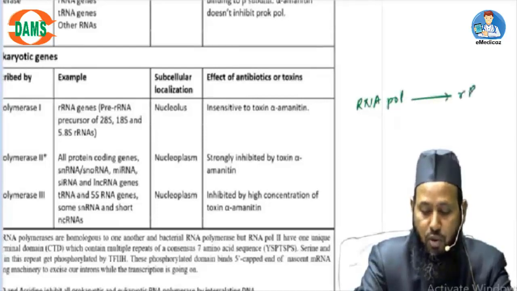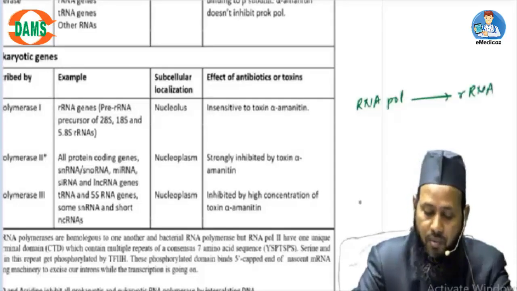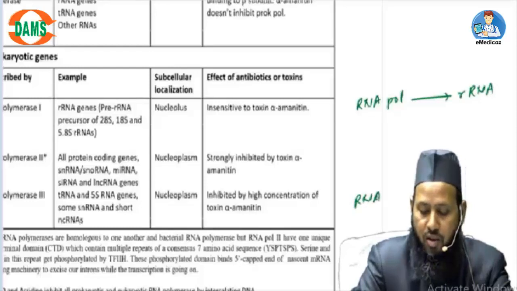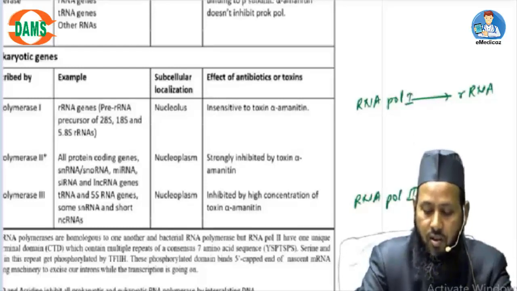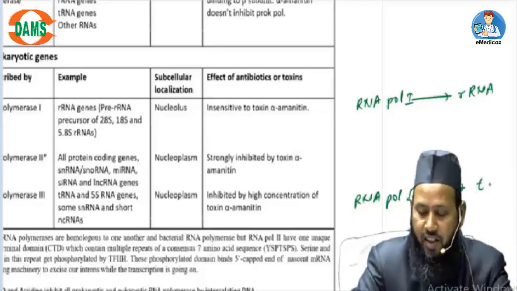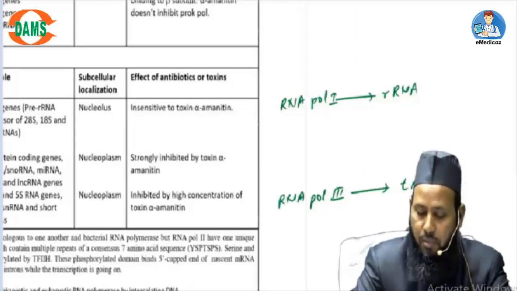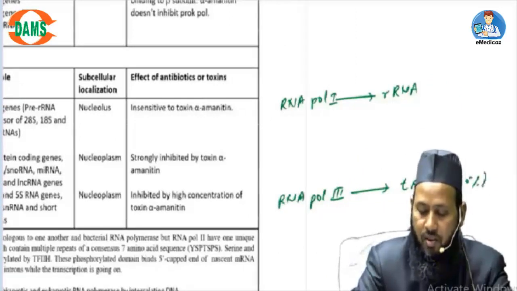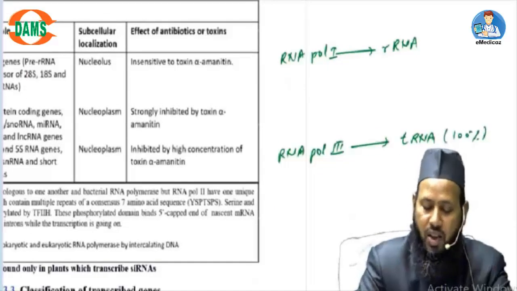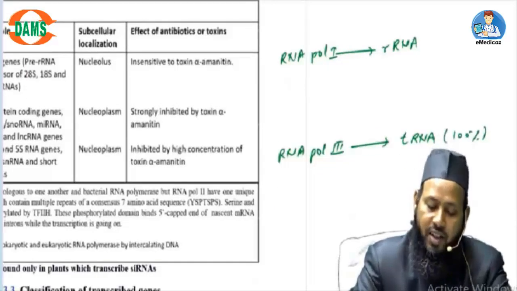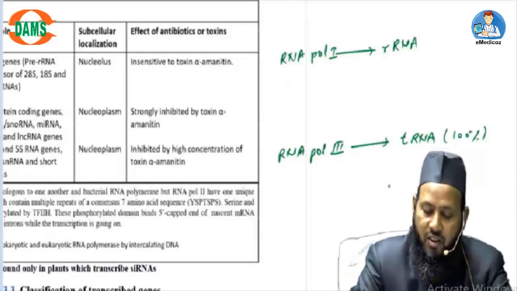to take some liberty that RNA pol 1 means ribosomal RNA. RNA pol 3 transcribes tRNA, exclusively tRNA. All tRNAs are transcribed by RNA pol 3, meaning 100%.